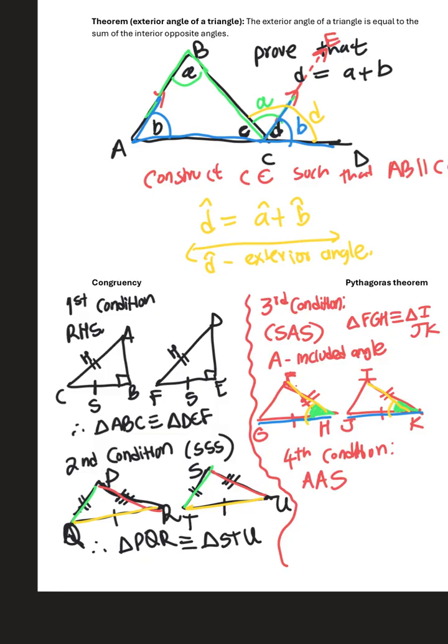It means that if one side and two angles of a triangle are equal to the corresponding one side and two angles of another triangle, then the two triangles will be congruent.